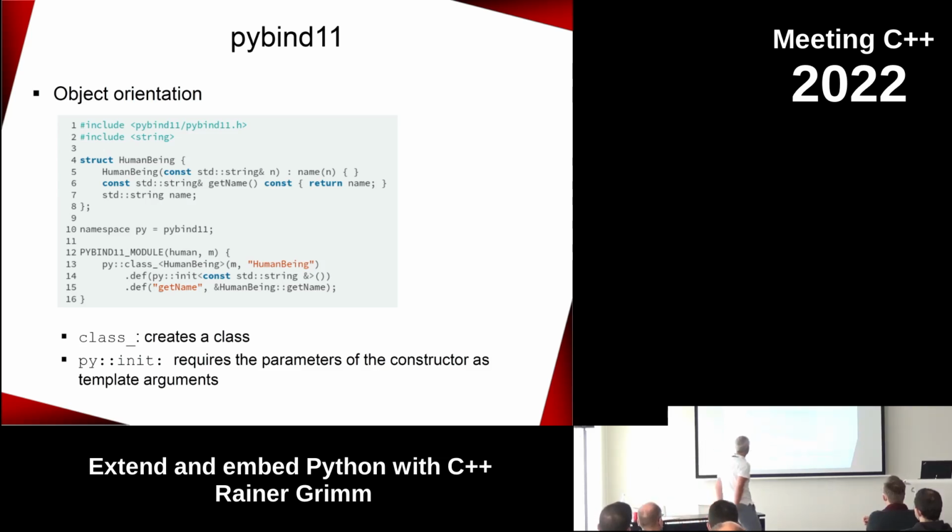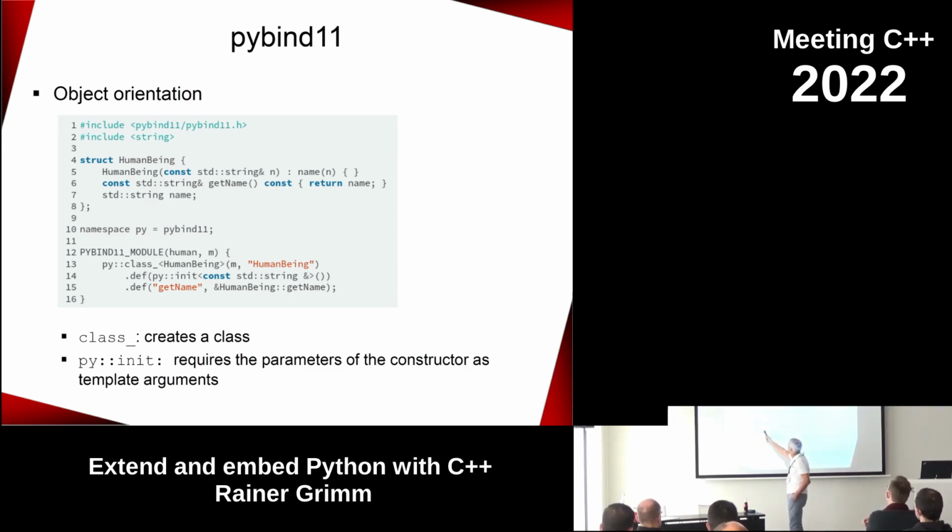This is the entire functionality. You have a human being, it has a constructor taking a const string ref. It has a const member function which returns a const string ref and has a member to string. I use this abbreviation here, which I already mentioned. And this is my binding.